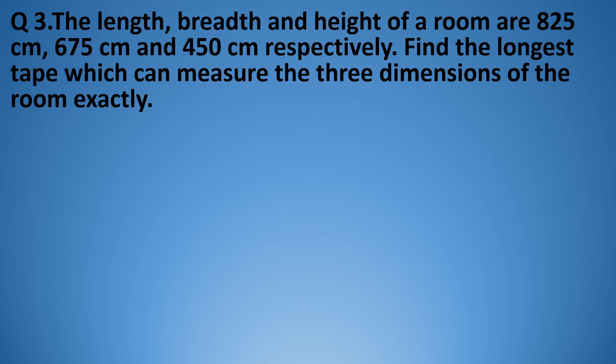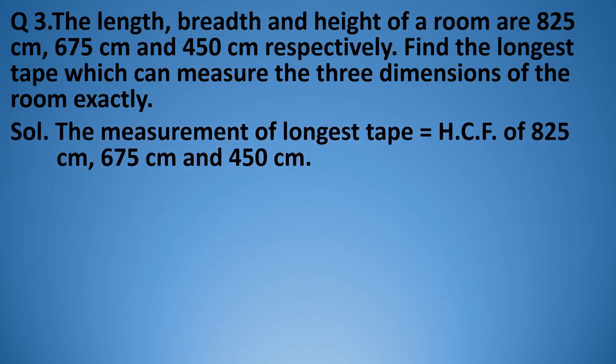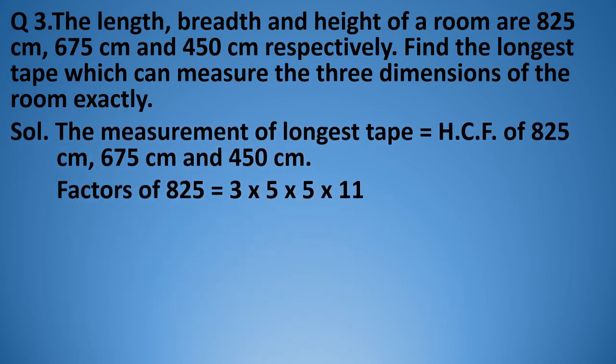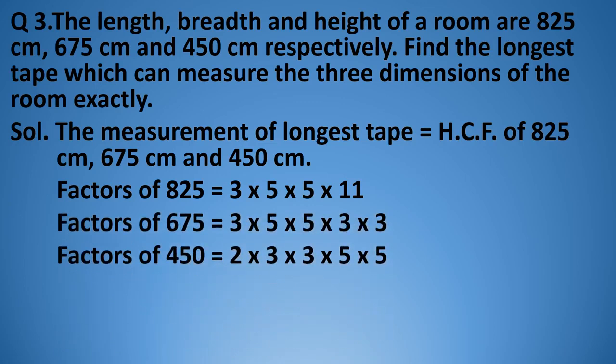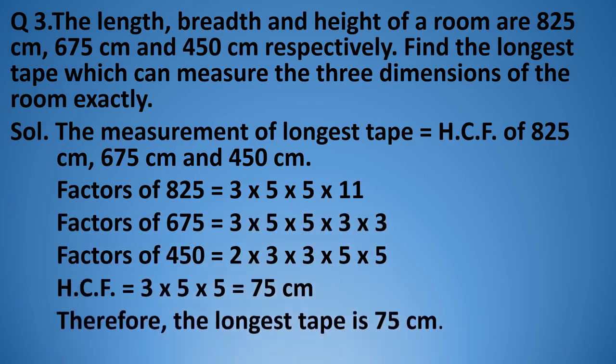Now the word longest is there, so we will find the HCF. Find the HCF of 825, 675 and 450. Your HCF will come 75. That means this is the longest tape that we will use. I have used the prime factorization method here, but as the numbers are big, you can use the division method also in this question. Understood?